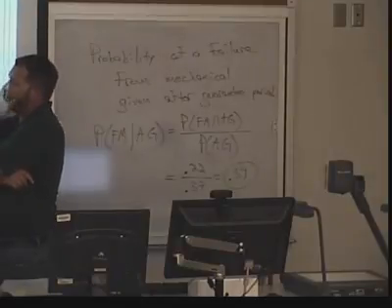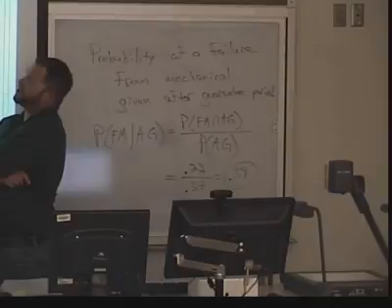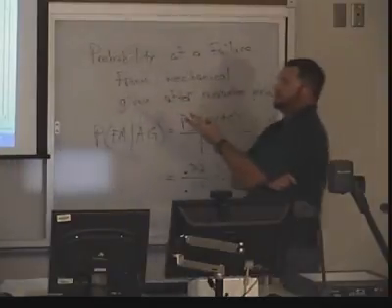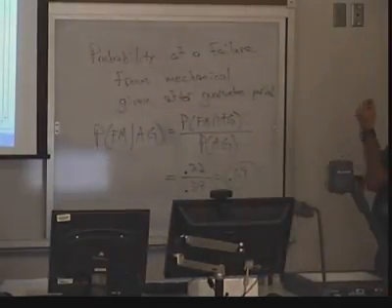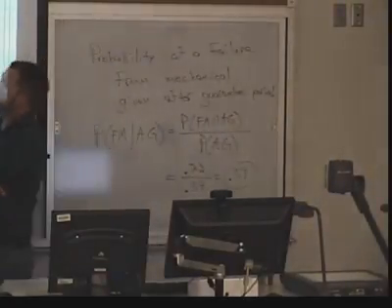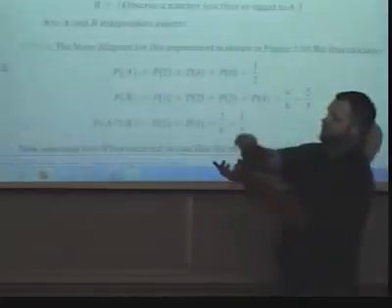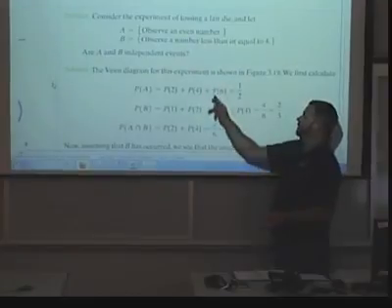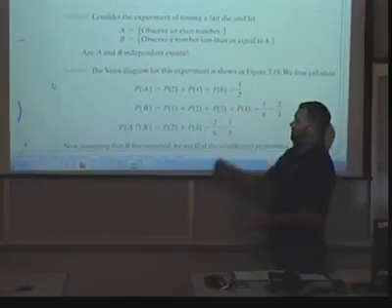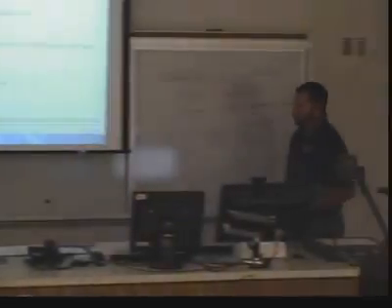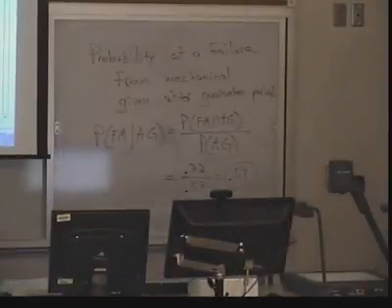So the probability of the intersection that it's even and less than or equal to 4 is 2 out of 6, right? Because we want it to be able to fit both conditions. So the number has to be even, so it's either going to be a 2, a 4, or a 6. And it has to be less than or equal to 4. So I'm kicking the probability of rolling a 6 out. So all I care about is 2 and 4, which is 2 out of 6, which is 1/3.